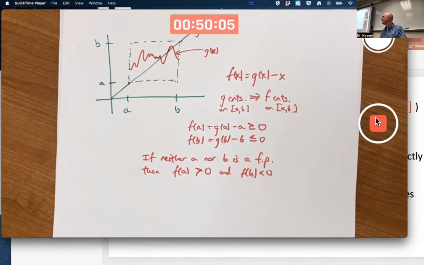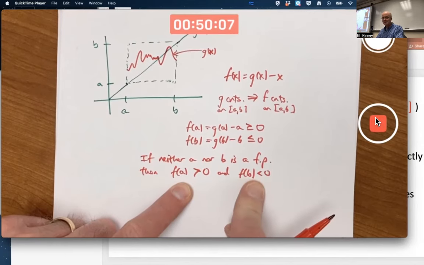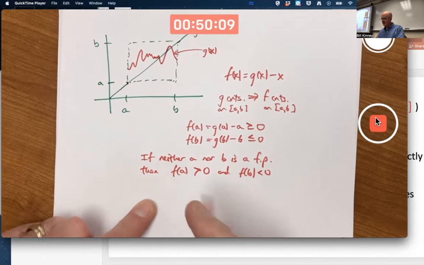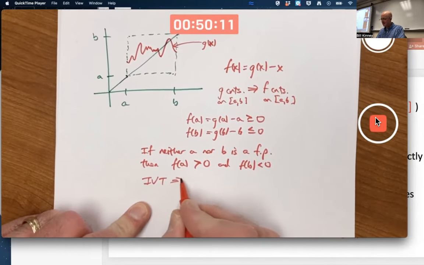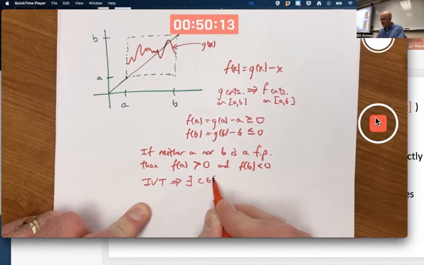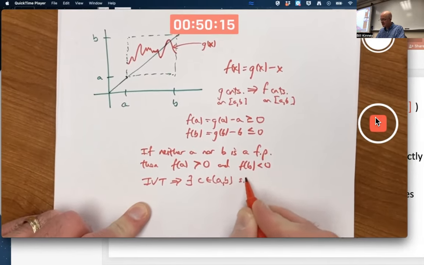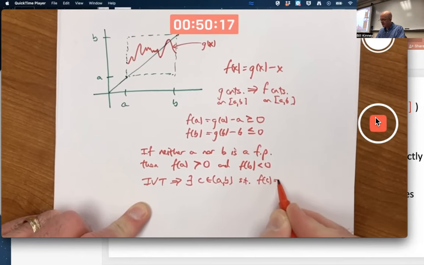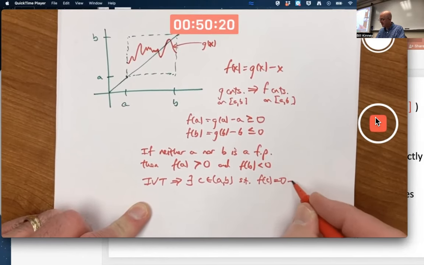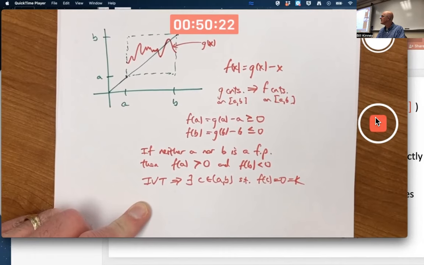Right? That's positive, that's negative. The IVT implies there exists a C between A and B such that f of C equals 0. The 0 is the K from the intermediate value theorem. But you don't have to use the letter K in your proof.